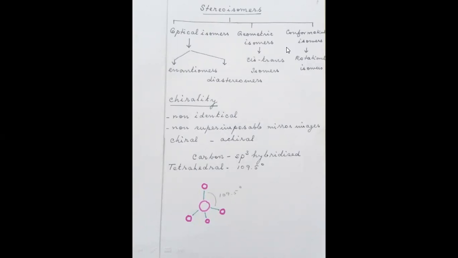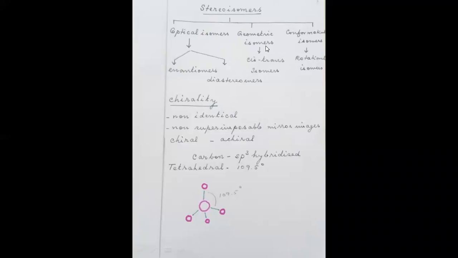If all the four groups are different, and you can look at this picture, in the previous class itself, I have shown you some of the models, how this sp3 hybridized carbon is having the tetrahedral symmetry, and in the tetrahedral structure, all the corners are occupied by groups.